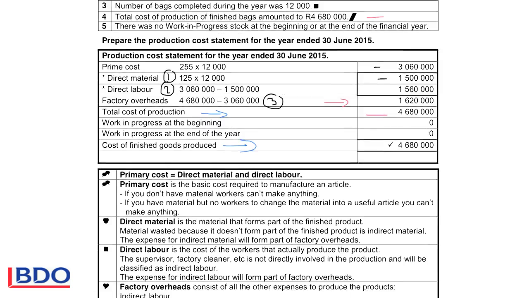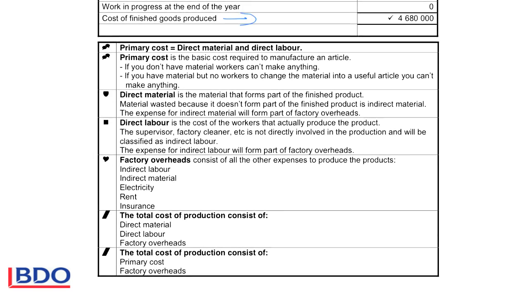Okay, so if we look at the information again, primary cost is your direct material plus your direct labor. Direct material is the material that goes into the article. Indirect material is the material that's wasted. Direct labor is the people who actually make the articles.